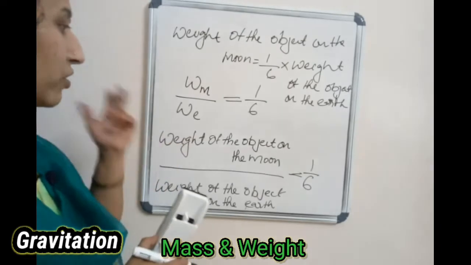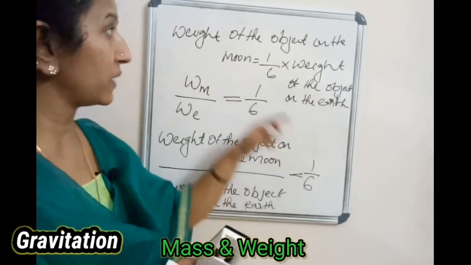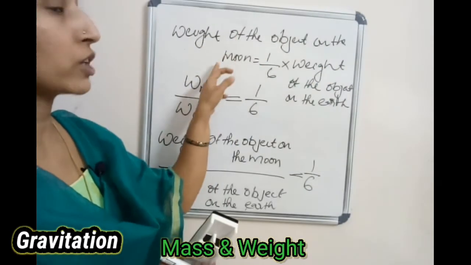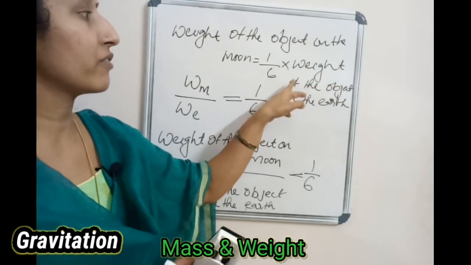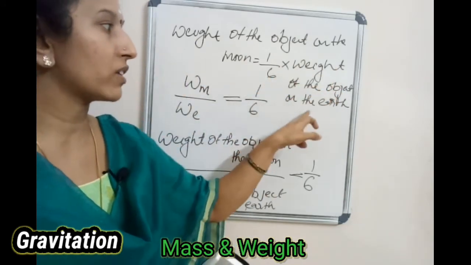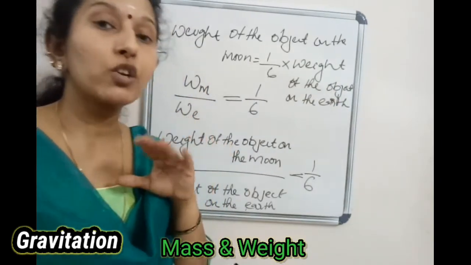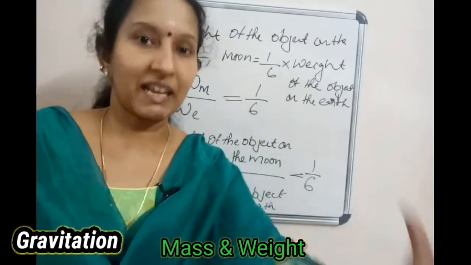Weight of the object on the moon by weight of the object on the earth equal to 1 by 6, which means the weight of the object on the moon equals 1 by 6 of its weight on the earth.